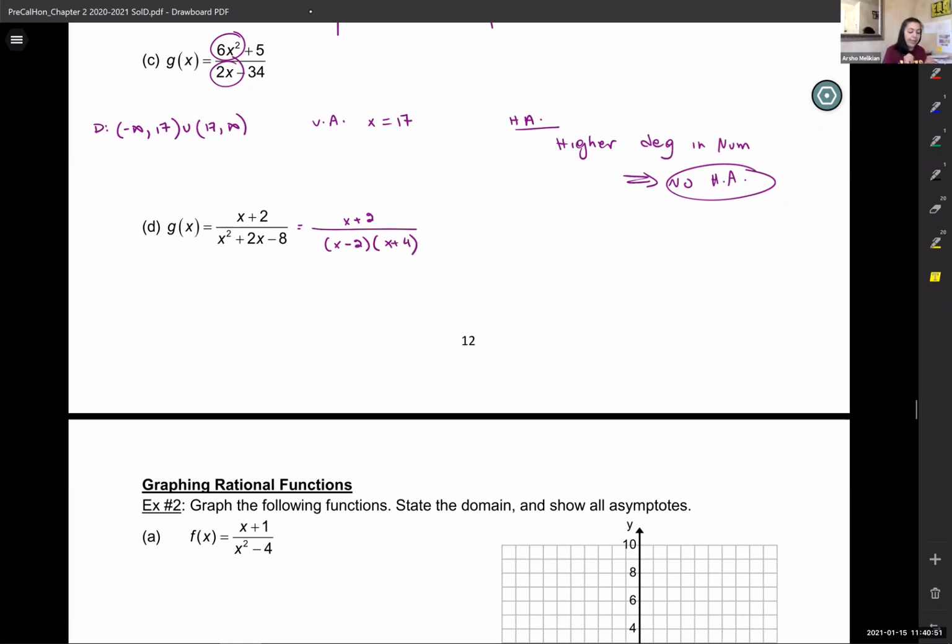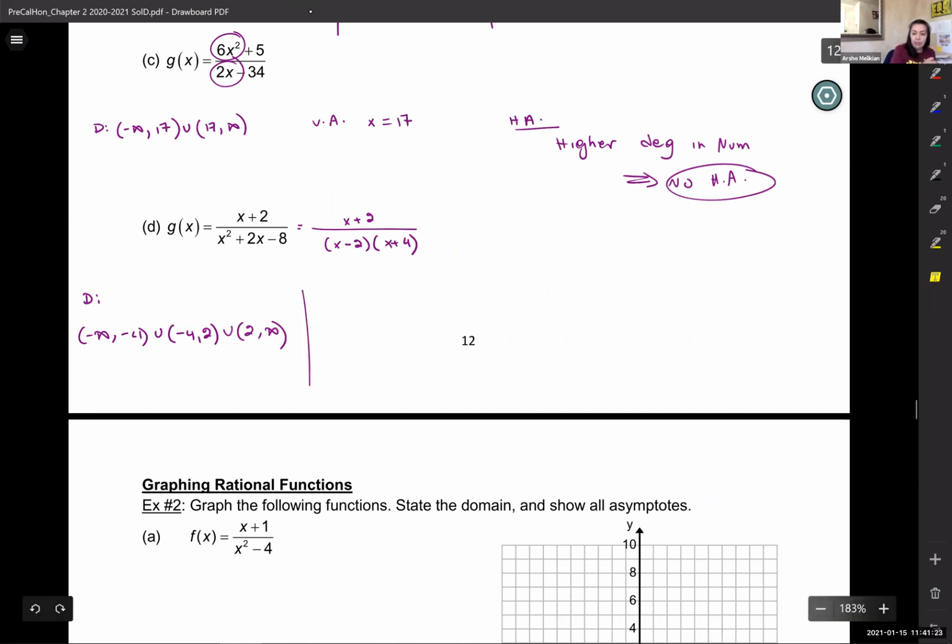Now, the domain is all real numbers except where the denominator equals 0. Here, the denominator equals 0 at -4 and 2. So the domain is -infinity to -4, -4 to 2, and then 2 to infinity.